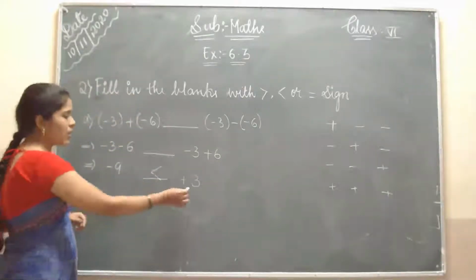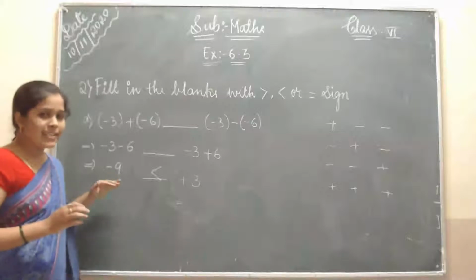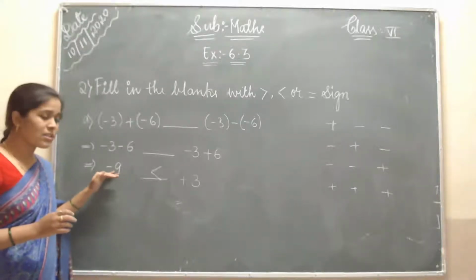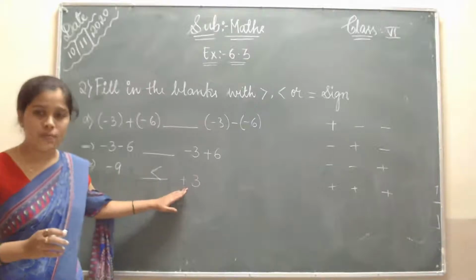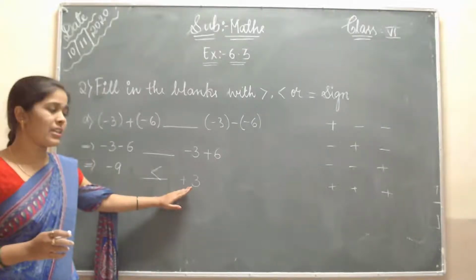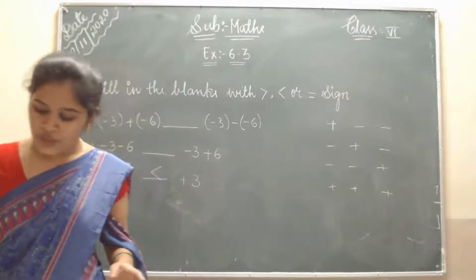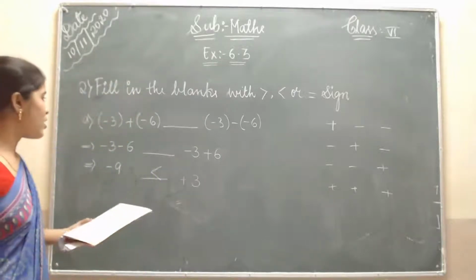Compare these two now. In digits, 9 is greater, but in front of 9 there is a negative sign. Negative is always less compared to positive digits. So plus 3 is greater. Understood? Next. Hope you understood this one. Second question.